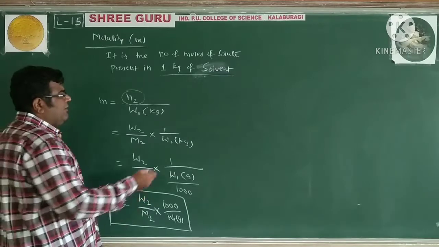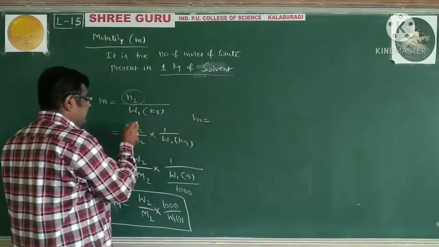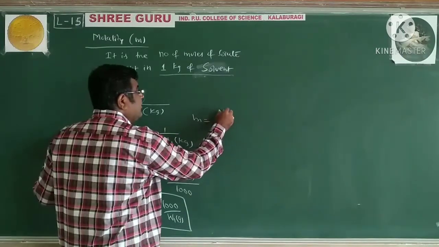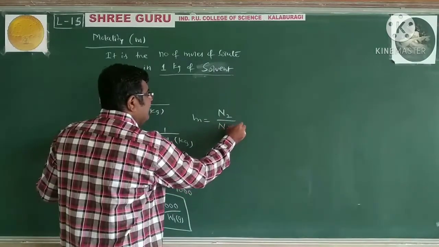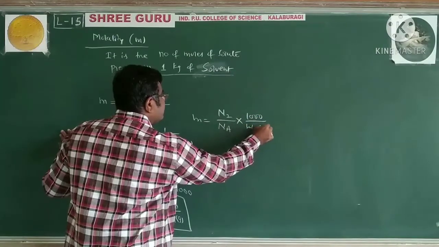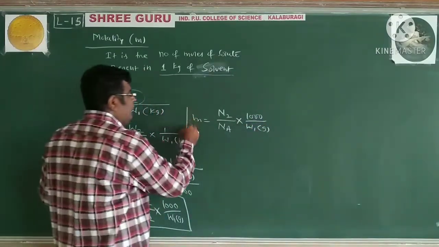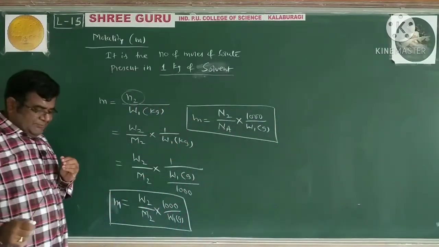The number of moles can also be written as the number of molecules of solute by Avogadro number, times 1000 by W1 gram. So this is also one of the formulas of molality.